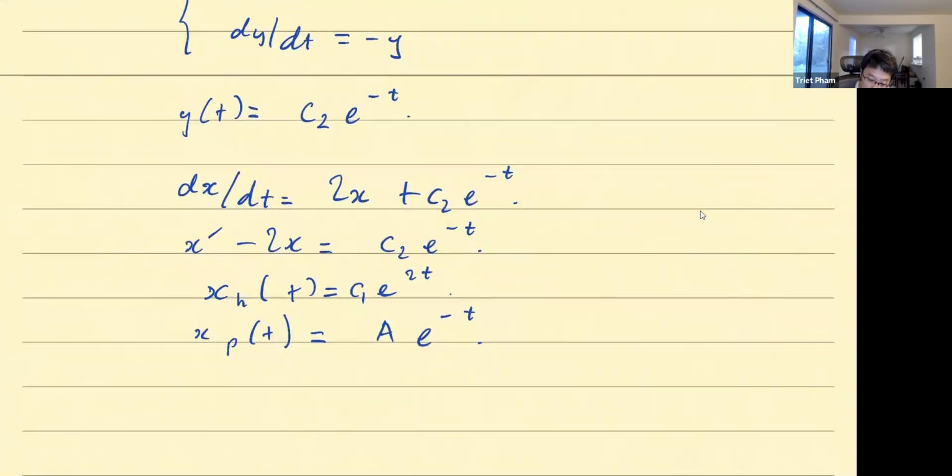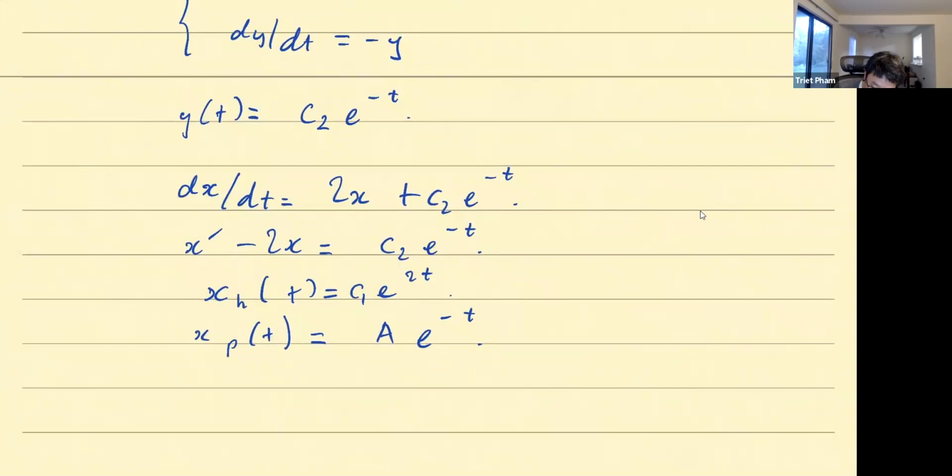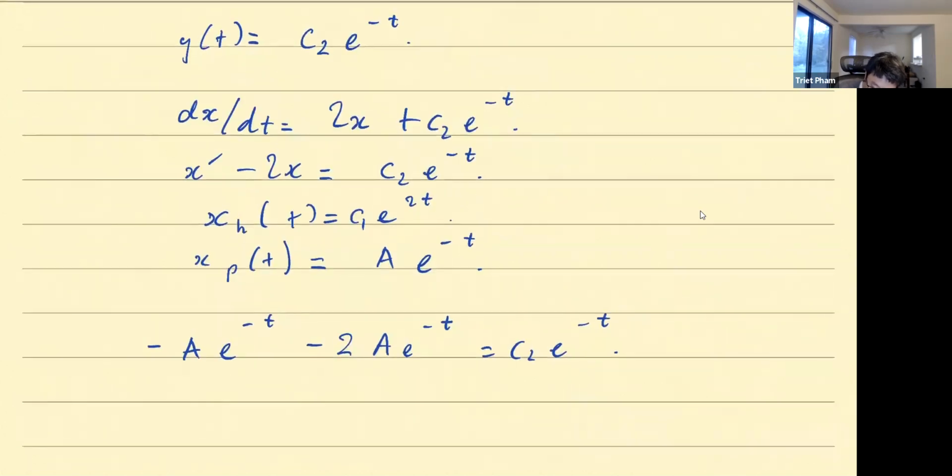And then you plug in, you got minus a e to the minus t minus 2a e to the minus t is C2 e to the minus t. In other words, you got minus 3a is equal to C2, or a is minus 1/3 C2.